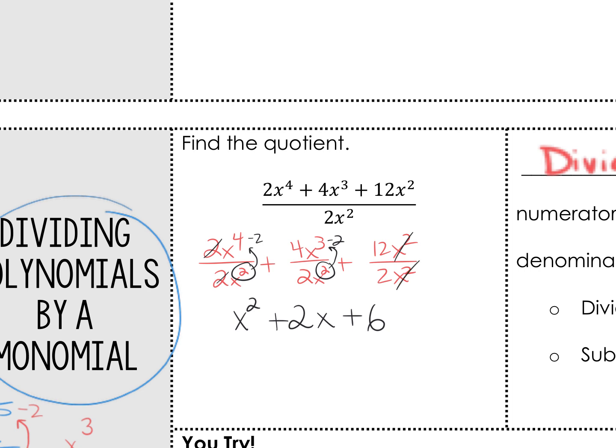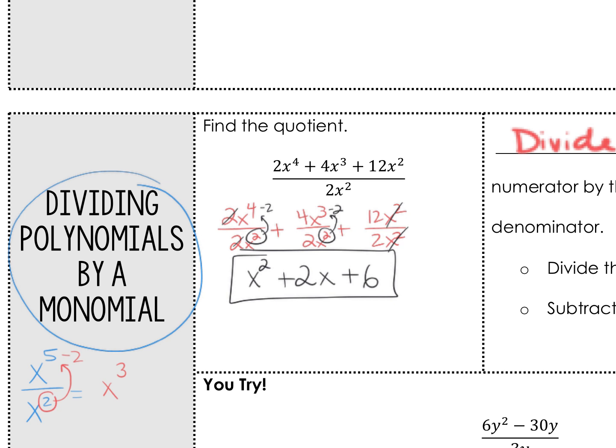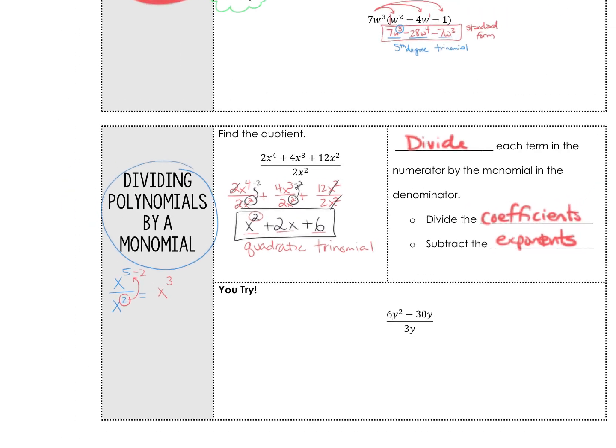X squared over x squared, that'll technically get you x to the 0, which is 1, or just cancel it out. That's my final answer in standard form. Degree is 2, so we call that a quadratic. And I have 1, 2, 3 terms, trinomial.